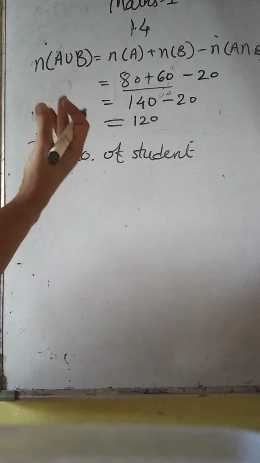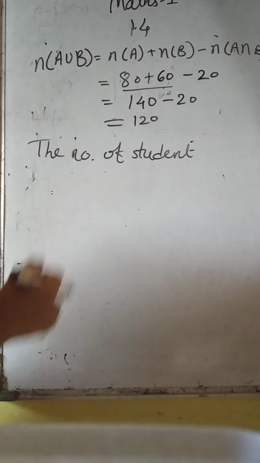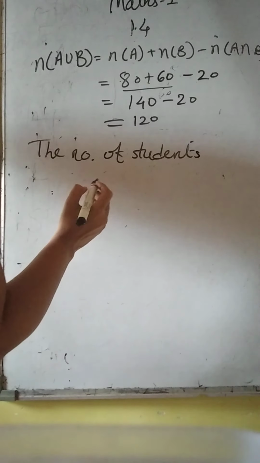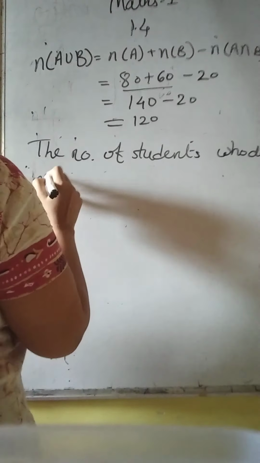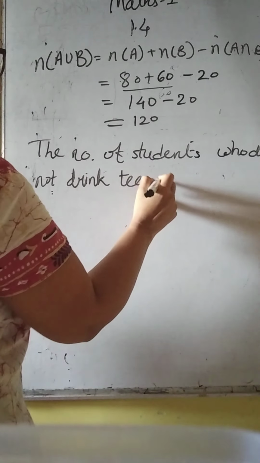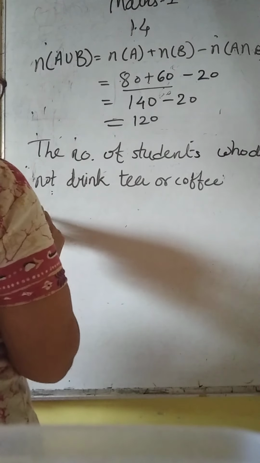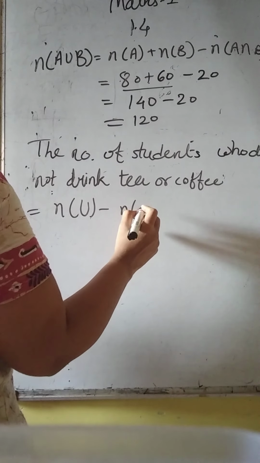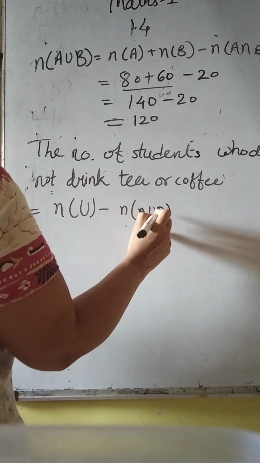You subtracted 120 from the number in the universal set. Correct, na? So we got the number of students who do not drink tea or coffee is equal to the number of students in the universal set minus the number of students in the union set.